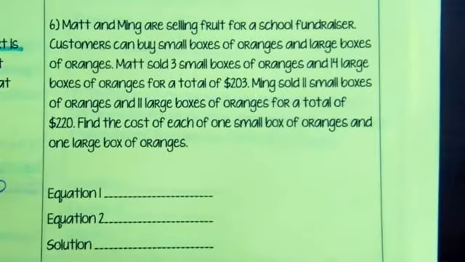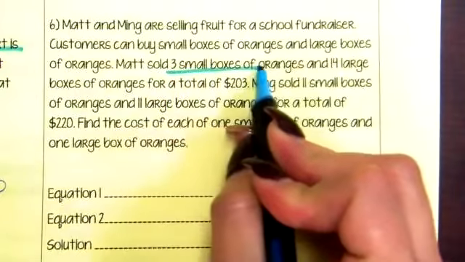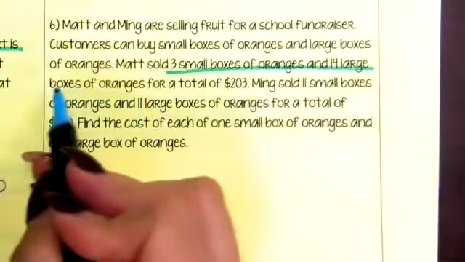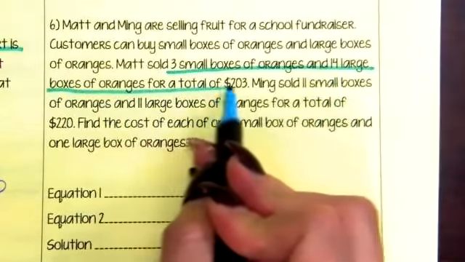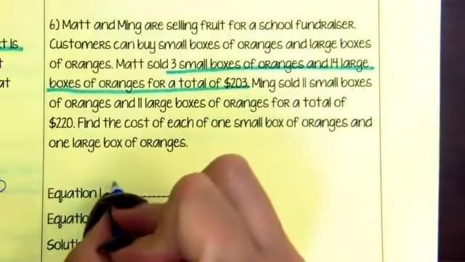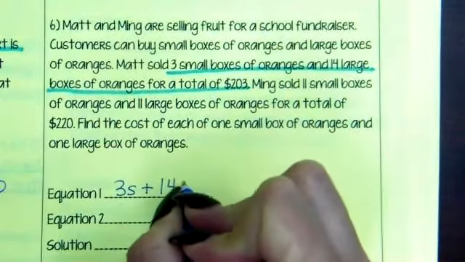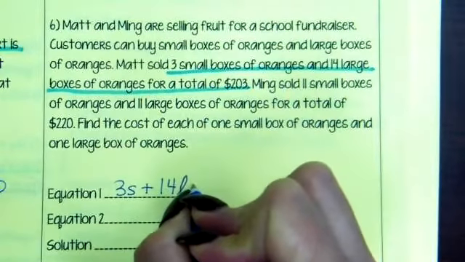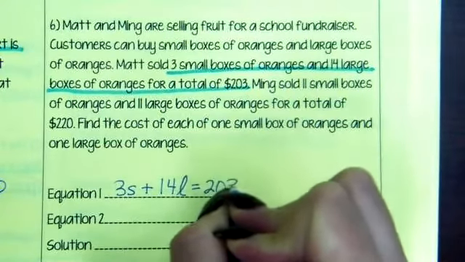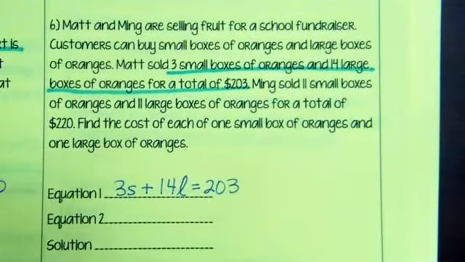This one's a bit easier because it says that Matt sold 3 small boxes of oranges and 14 large boxes of oranges for $203. So that's my first equation. 3 small boxes plus 14 large boxes equals 203. And I'm doing a cursive L just so it won't get mixed up with the 1.